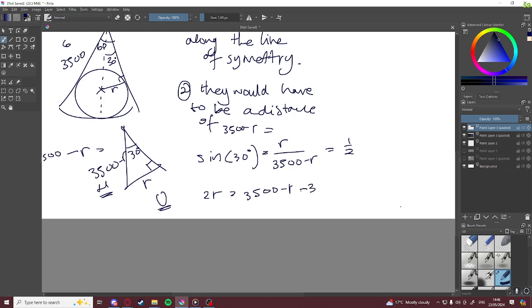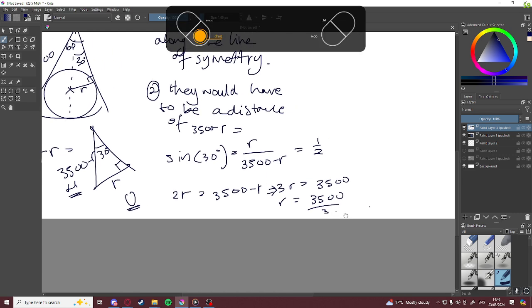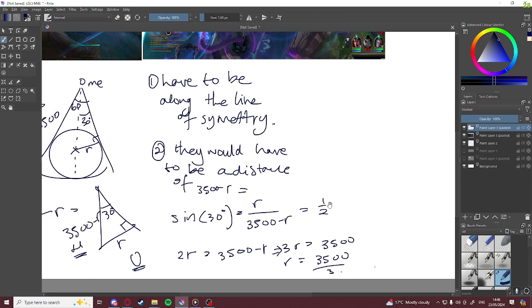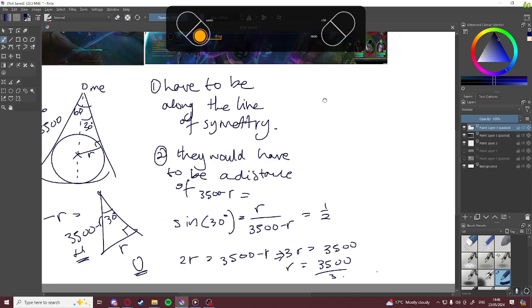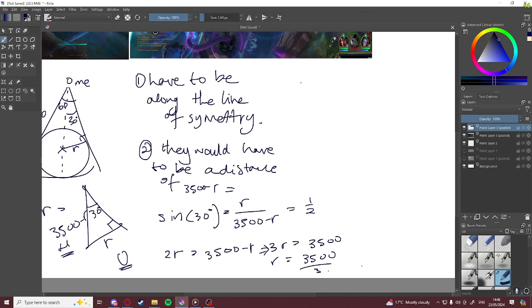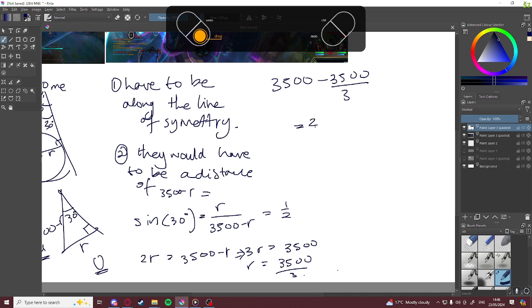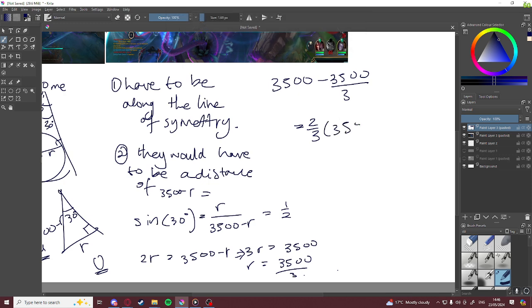Rearranging, you would have 3r is equal to 3500, and then my radius would be 3500 divided by 3. And so the distance from me to the enemy, to have the optimum position, would be 3500 minus 3500 divided by 3, which is equal to 2/3 of 3500.